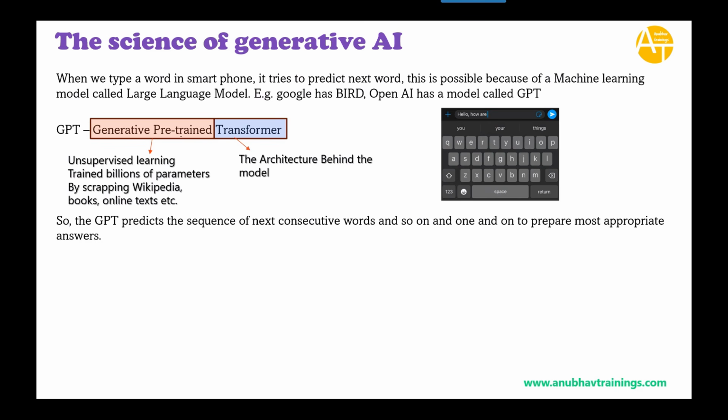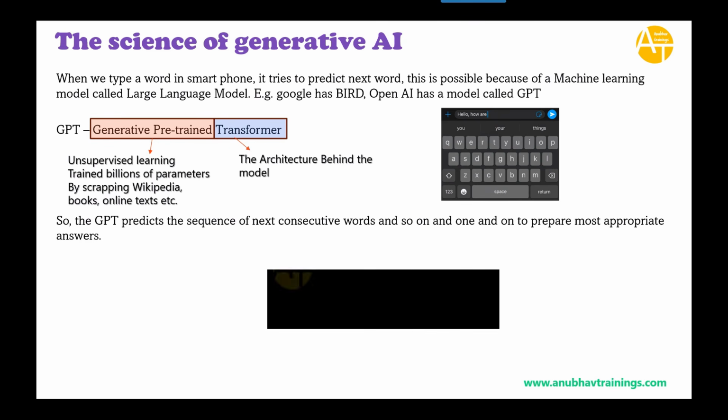They have trained it already with billions of parameters, and that is the reason it is able to predict the next word, and then the next word, and then the next word, and that is how it is able to create completely new content for you. So this is what generative pre-trained means. It's unsupervised learning trained with billions of parameters by scraping Wikipedia, books, and online text. It requires frameworks, it requires GPUs. So this is the amount of money they have spent to train these models.